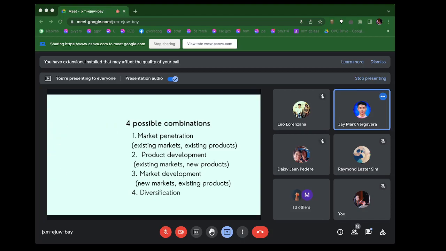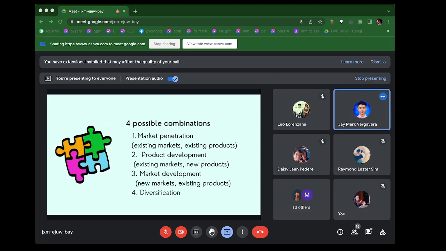So the matrix gives us four possible combinations which help companies decide what action to take based on what they are doing at present. Each of these combinations gives possible strategies.